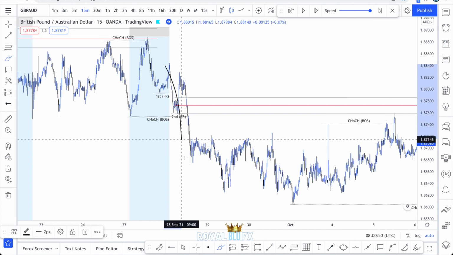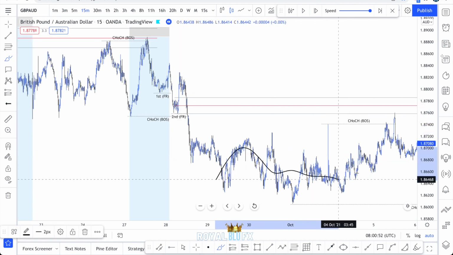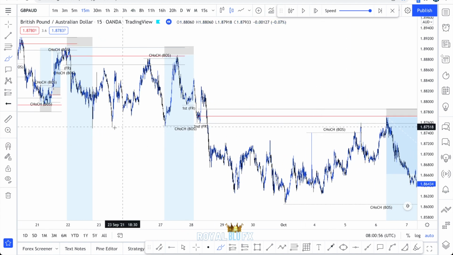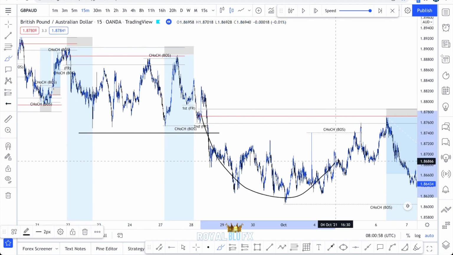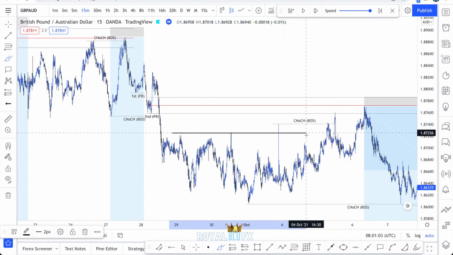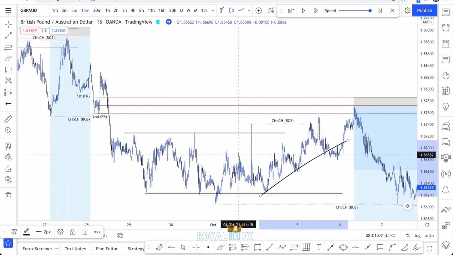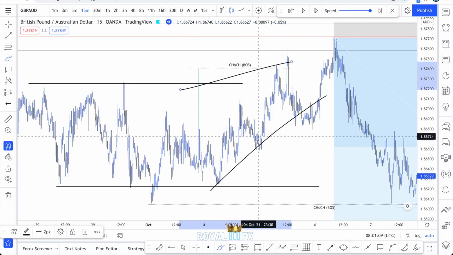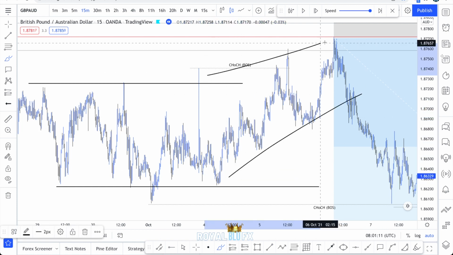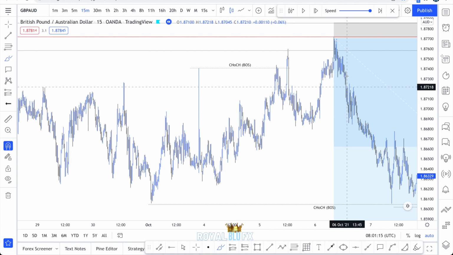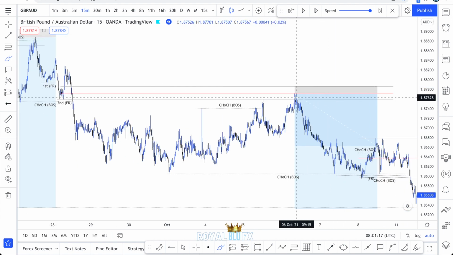We did have an aggressive move to the downside, and prices are now starting to retrace back to an area of supply. Notice again, every time price breaks structure, we do need the buyers to come back, although there was a lot of unhealthy order flow here, as you can see, going sideways in a range, and then bullish up to this area here, going up like this. This is very unhealthy, obviously. And then, as you know, once we reached the area of supply here, notice what price did.